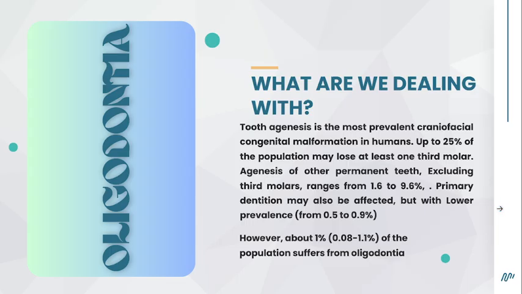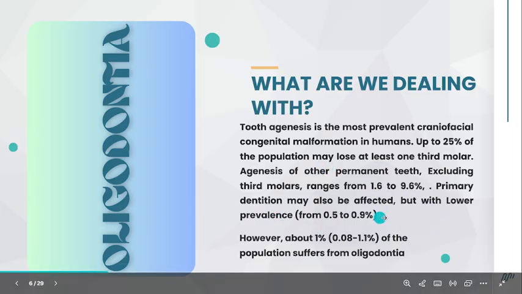We always have to keep in mind that when we are diagnosing a patient for tooth agenesis, especially oligodontia and hypodontia, we have to exclude third molars, because they are most often missing, ranging from 1.6 to 9.6% in the population. Mostly oligodontia and hypodontia are seen in permanent teeth, but primary dentition can also be affected.